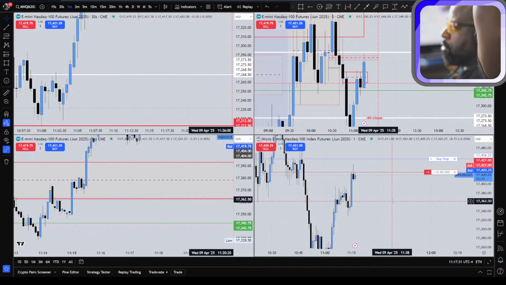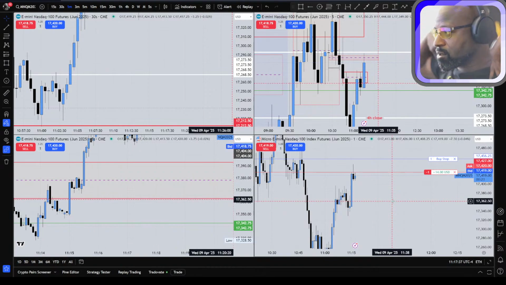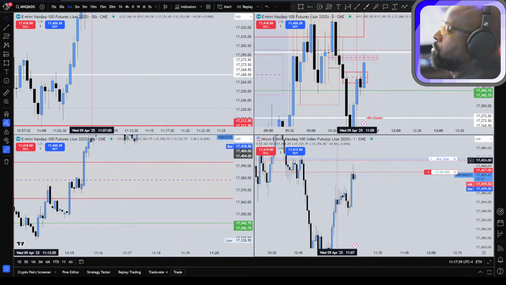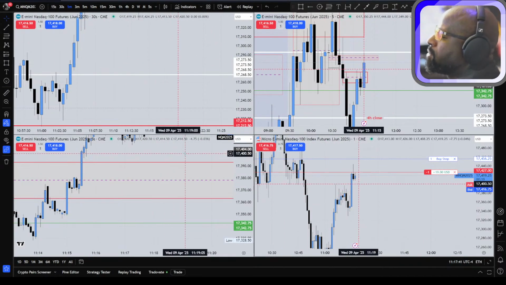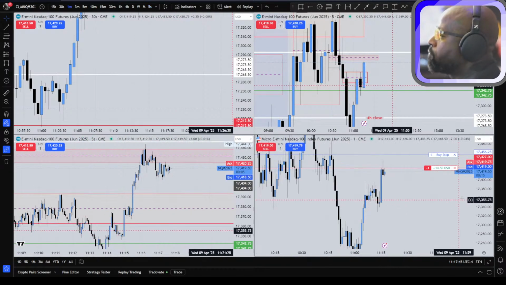Sometimes you can see the price easier on a mini. I'm not saying this is going to be a successful trade.